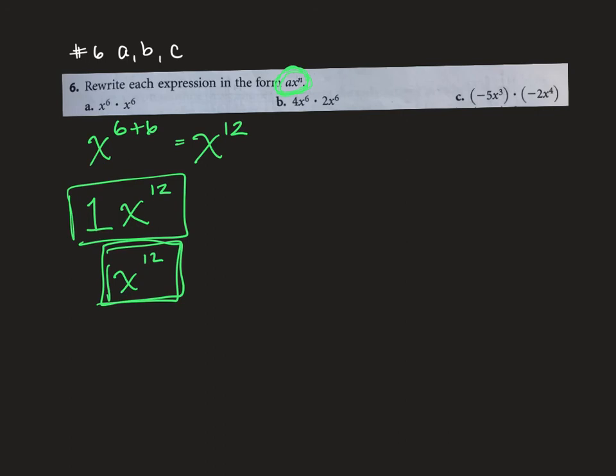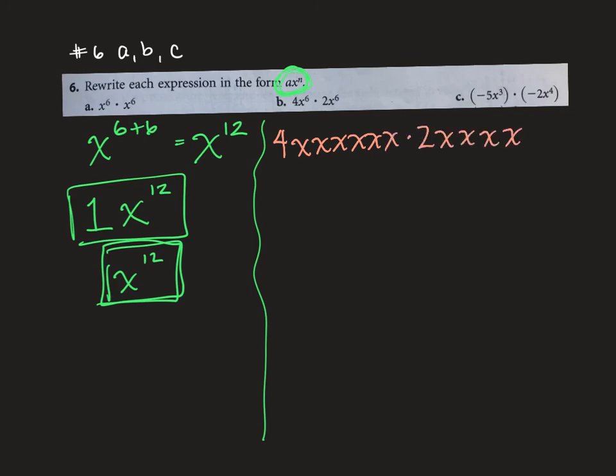Okay, so here what we have is 4 times 6 factors of x and 2 times 6 factors of x. So if I wanted to write this out long style, I could write 4, 1, 2, 3, 4, 5, 6 times 2, 1, 2, 3, 4, 5, 6. You all know that 4 times 2 is the same as 2 times 4.